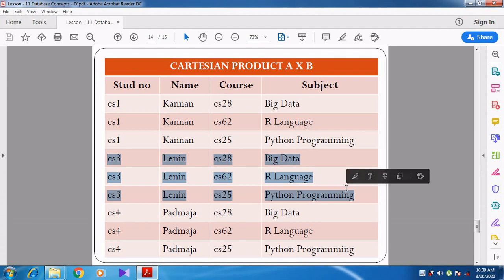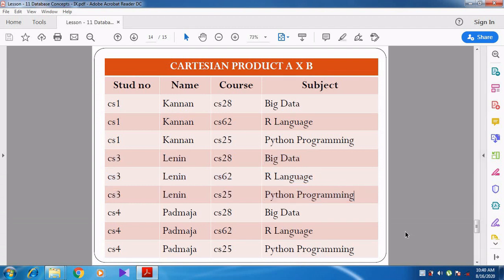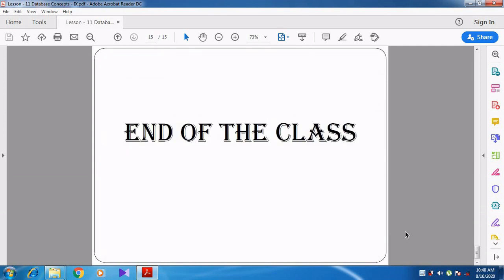So like that each and every tuple of table A is multiplied with each and every tuple of table B. So now we are getting the result like this. Can you understand, students?